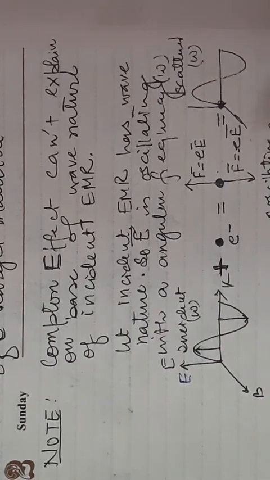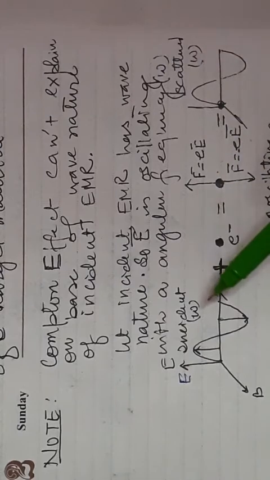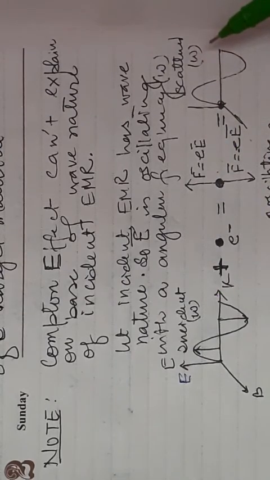Because a charged body is oscillating, it produces electromagnetic radiation, and that electromagnetic radiation is also having a similar frequency omega. Therefore, the scattered and incident radiation are having the same angular frequency, so having the same wavelength.